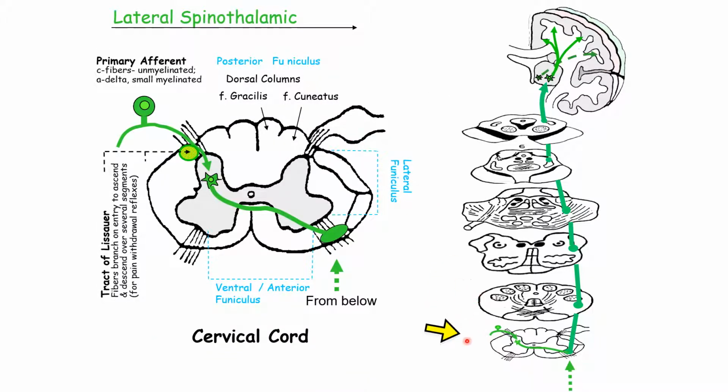If we look at the location of these fibers at each level of its ascent, we see that the dorsal root fibers come in and will travel into Lissauer's tract up and down for a number of segments, and then synapse in the dorsal portion of the dorsal horn, and then secondary neurons will send their axons across the midline in the anterior white commissure to take up a position in the lateral funiculus, in the lateral spinothalamic tract.